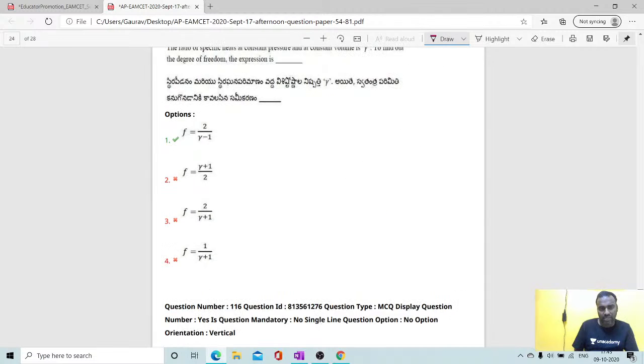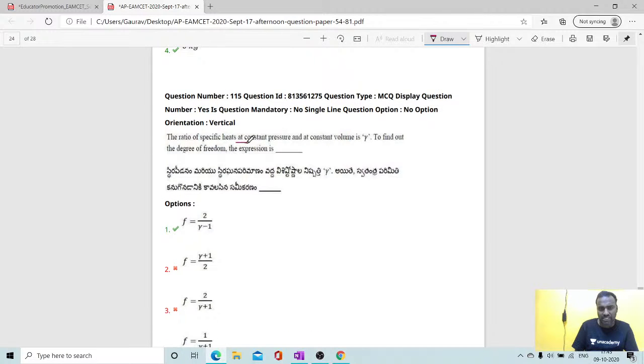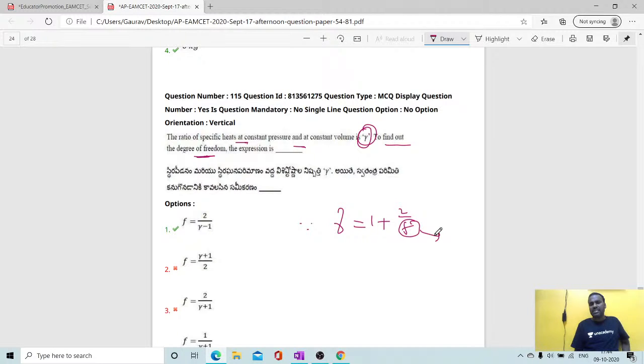Yes, students, the ratio of specific heats at constant pressure and at constant volume is gamma. You have to find the degrees of freedom. Since it's a standard formula, students, γ is equal to 1 plus 2 by f, where f represents the degrees of freedom.